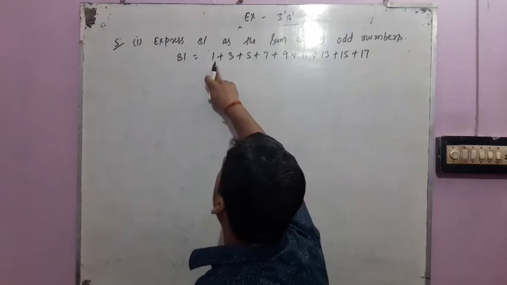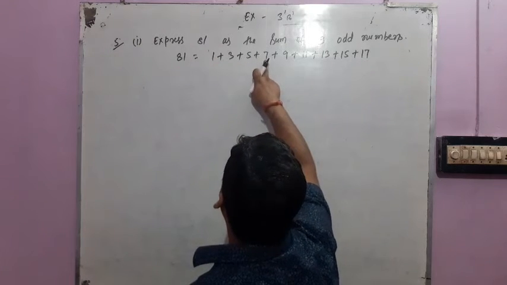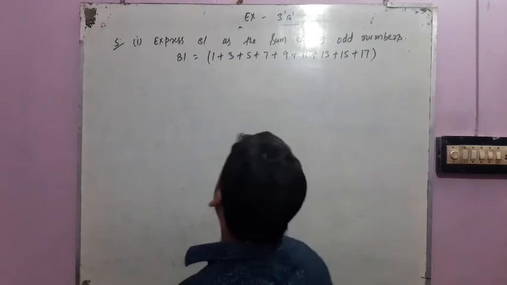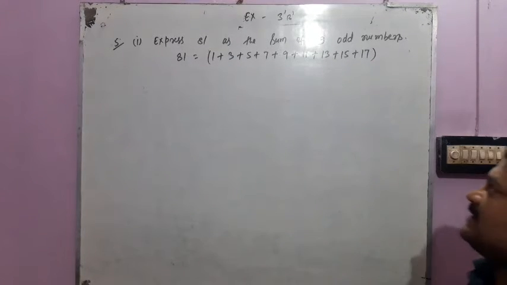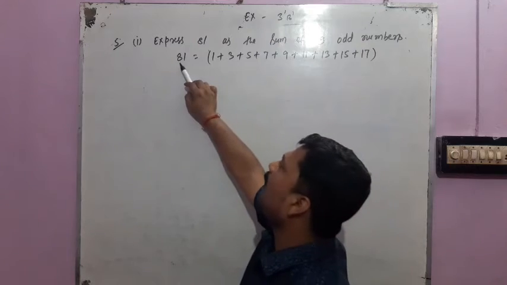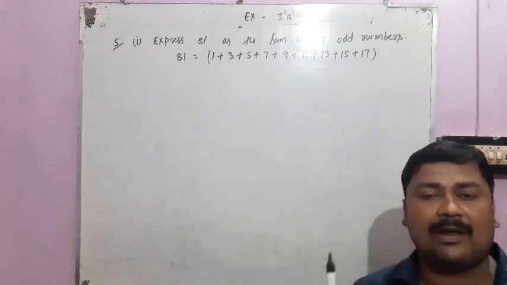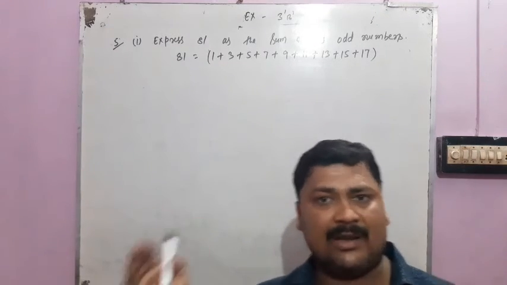Count how many: 1, 2, 3, 4, 5, 6, 7, 8, 9. Through this way we can express 81 as a sum. Here are the 9 consecutive odd numbers. One thing you must always remember: consecutive means continuous.